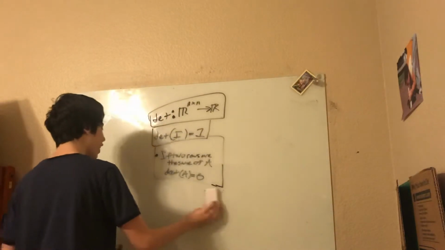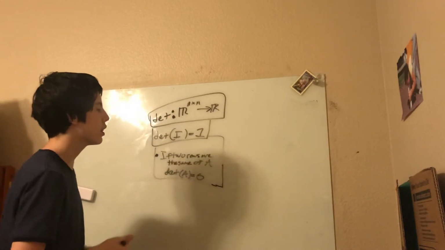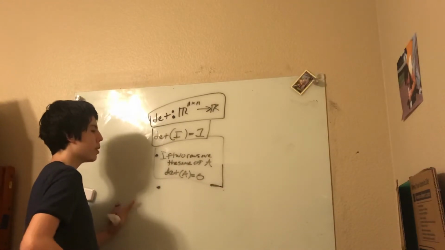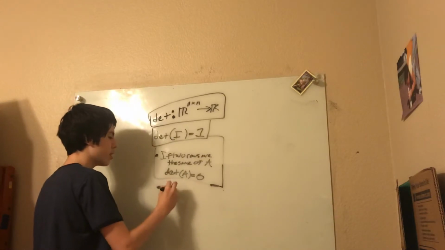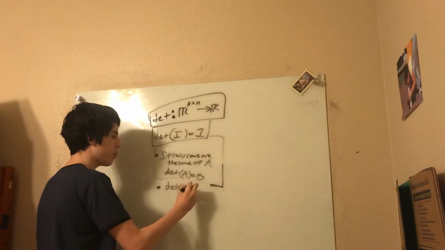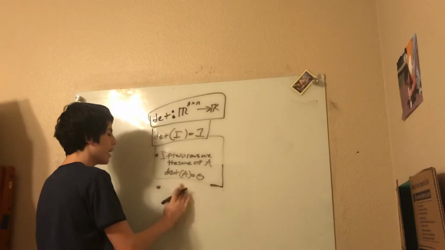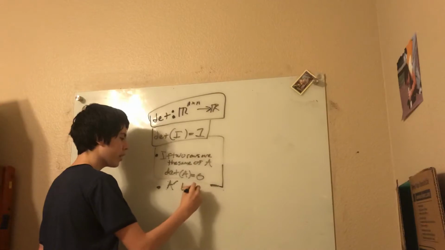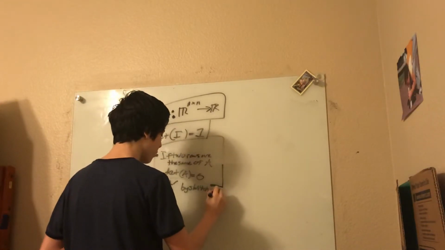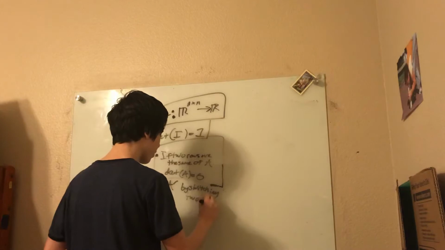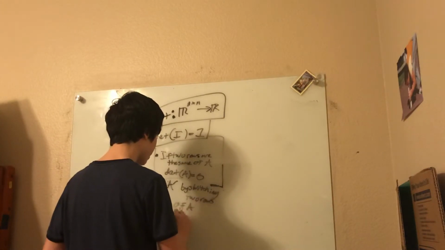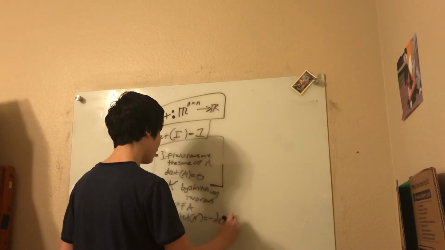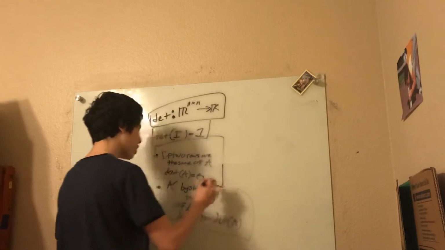So the final one, or the third one, before we get into the third property that we have to explain, is this: if A prime is a matrix made by switching two rows of A, the determinant of A prime is equal to the negative determinant of A. So we're switching two rows.